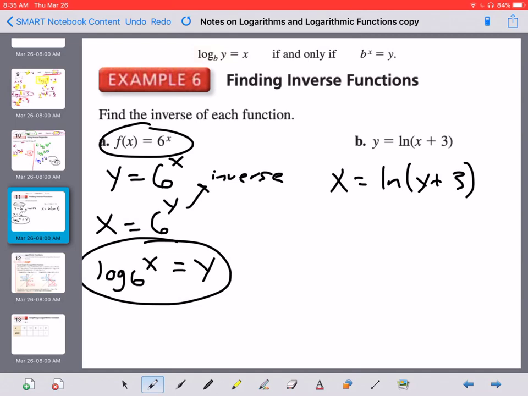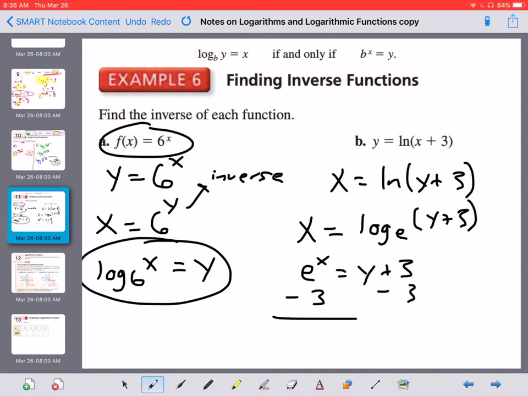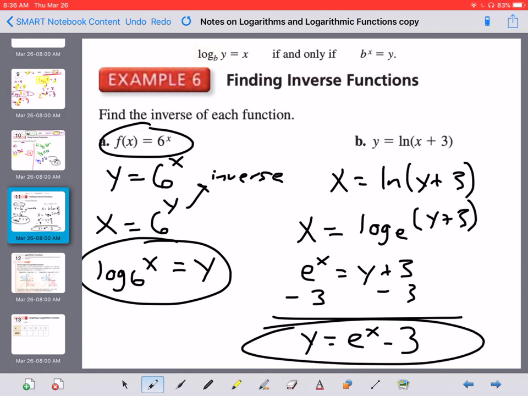So I could rewrite this as x equals log base e of y plus 3. And now I could rewrite this as e to the x equals y plus 3. Subtract 3 from both sides. So the inverse is y equals e to the x minus 3.